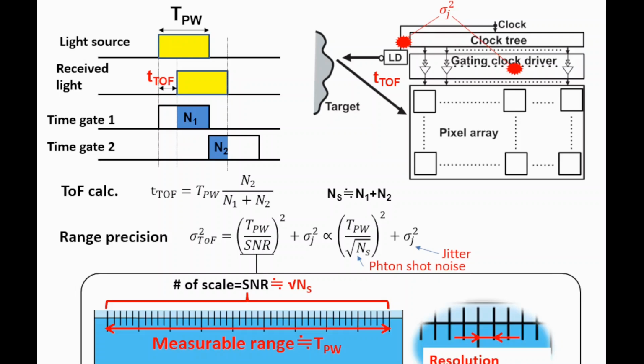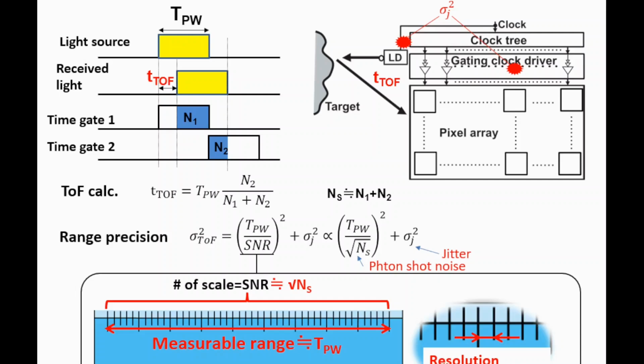Here is an example of iToF imaging by using the two-tap lock-in pixel. By using the lock-in pixel, the received light is modulated into 2 parts and accumulated, and by calculating this equation, time of flight can be obtained. In this method, range precision is determined by 2 factors.